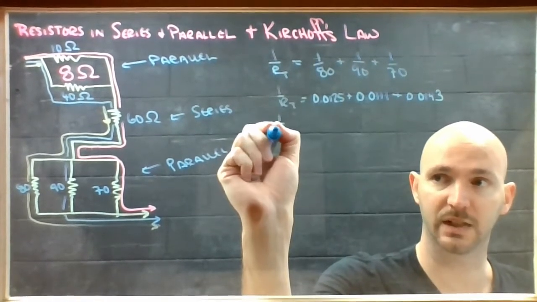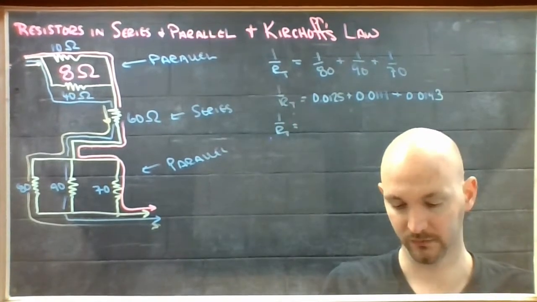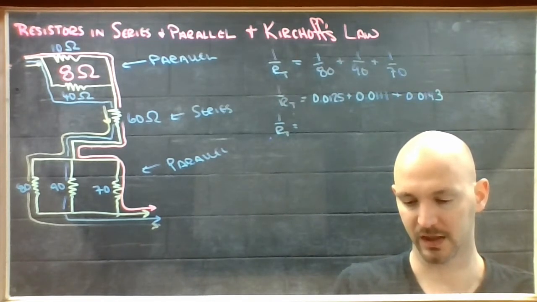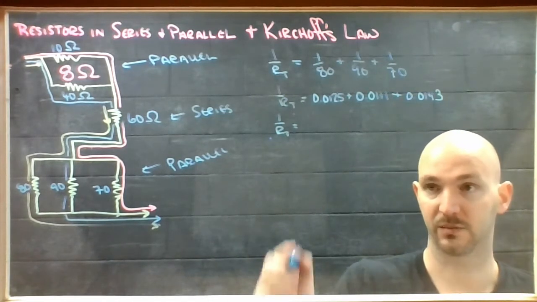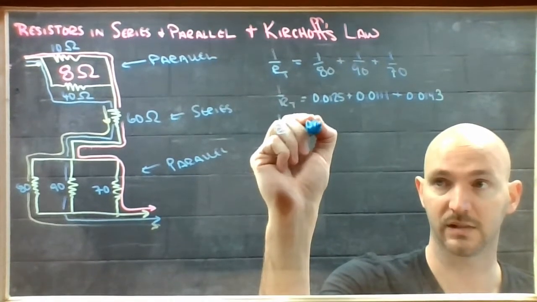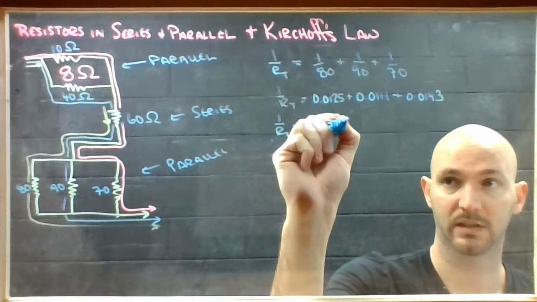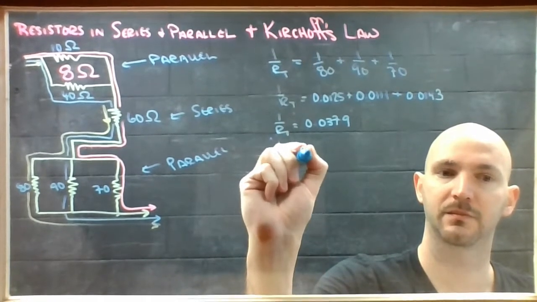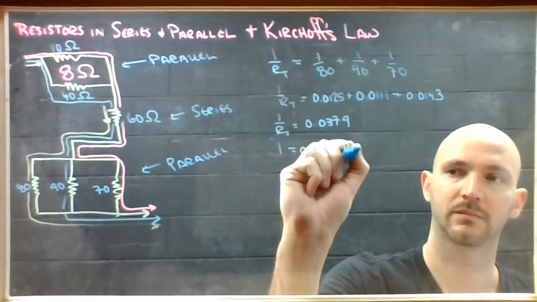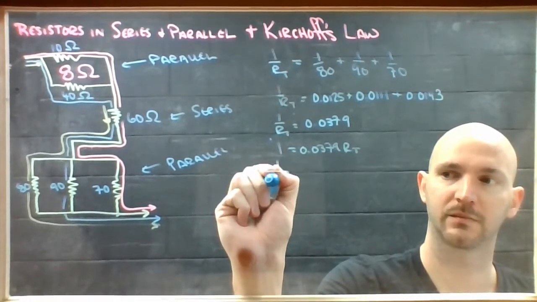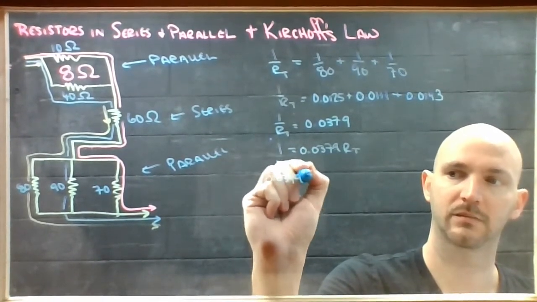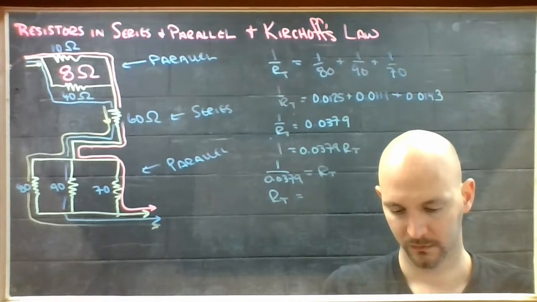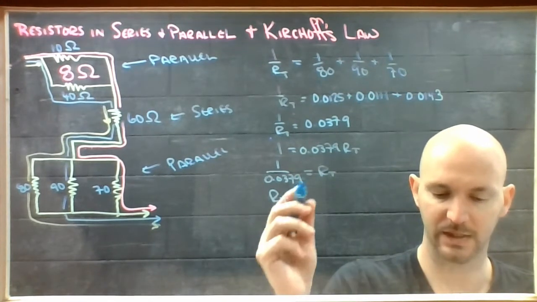So if I add those all together, 0.0143 plus 0.0111 plus 0.0125 gives me 0.0379, and this comes up, this goes down, and I get 26.395.